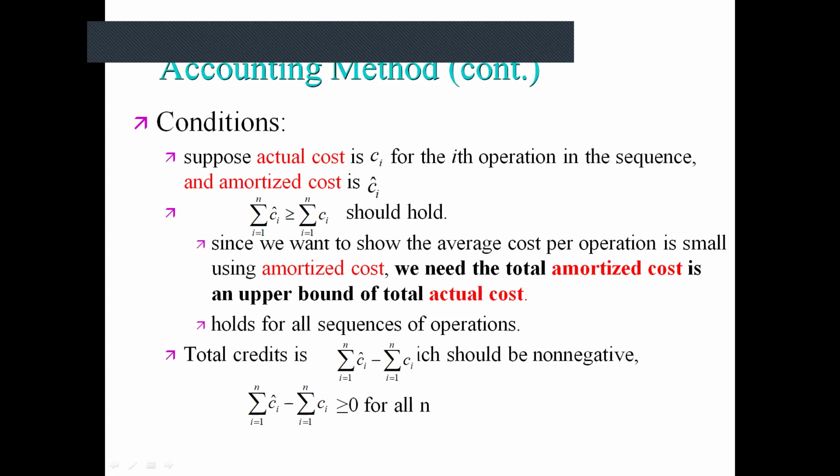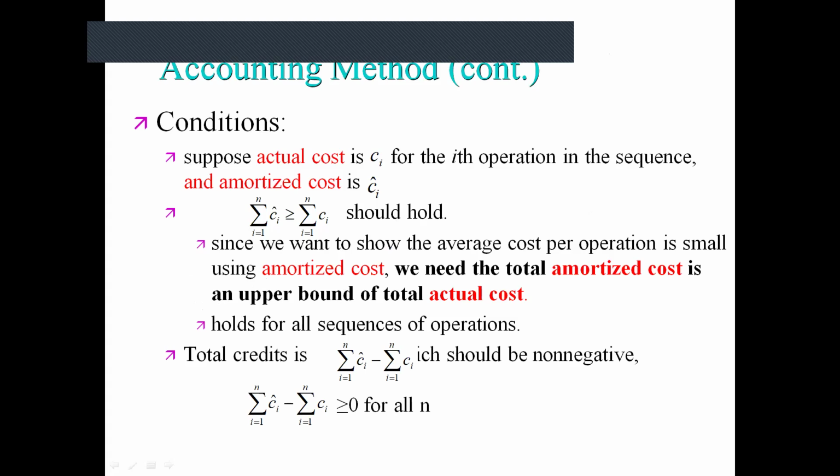Now this is the scenario where the actual cost is denoted by the variable Ci for the ith operation in the sequence, and the amortized cost is given by Ci cap. So you can say there is a sequence of n operations, and i is the variable representing each operation.